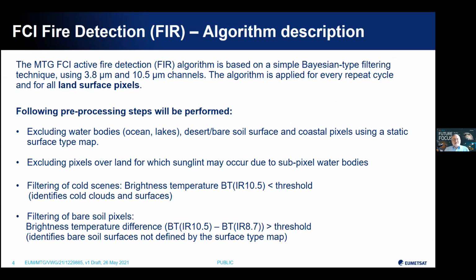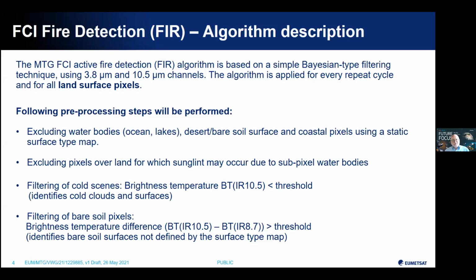The FCI fire detection algorithm is based on a simple Bayesian type of fire filter technique using the 3.8 and 10.5 micron channels, and it is applied every repeat cycle for all land surface pixels except for some other pixels, because we are doing pre-processing and exclude water bodies, so ocean and lakes, desert and bare soil surfaces, and coastal pixels, and for that we use a surface type map.